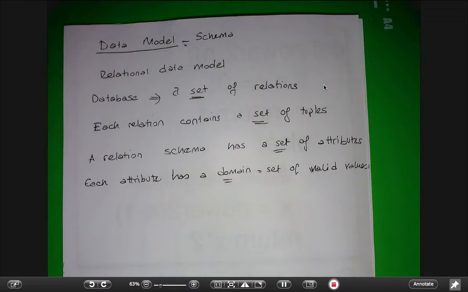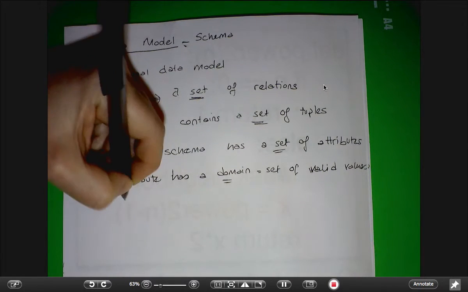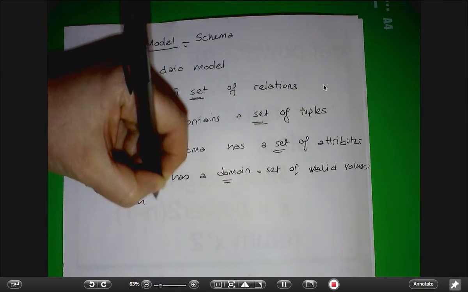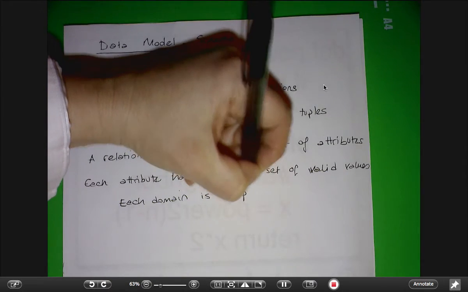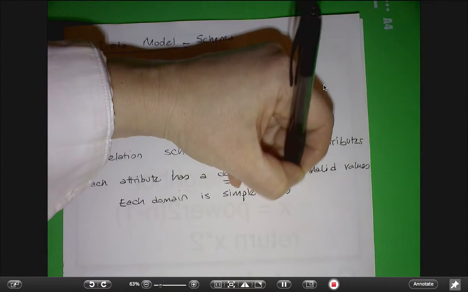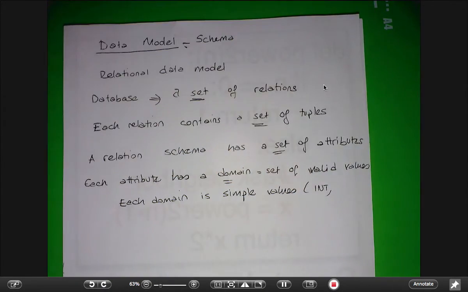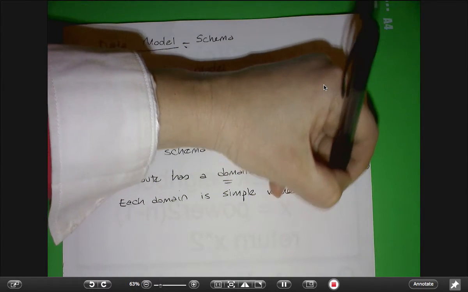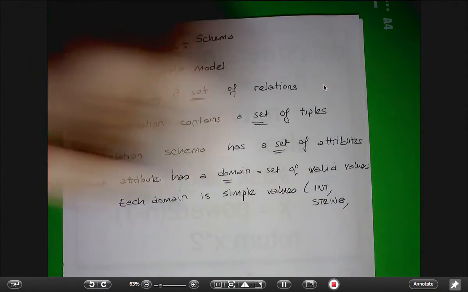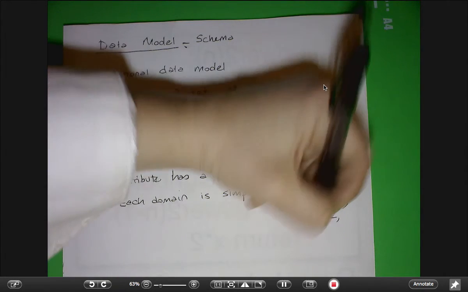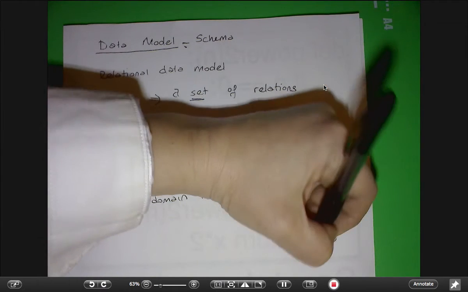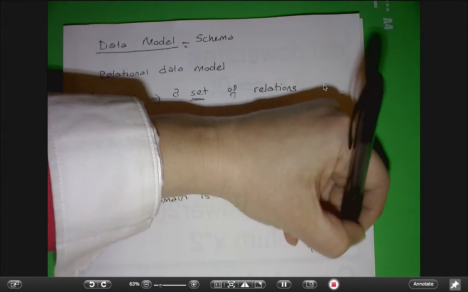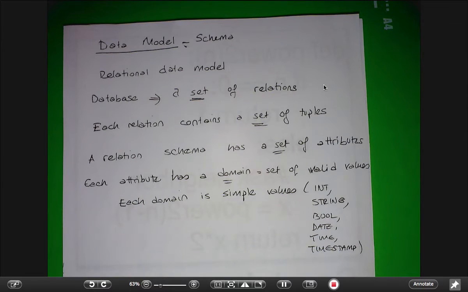And here's a very important rule that each domain is simple values. Things like integer, string, Boolean, datetime, or a description of those.